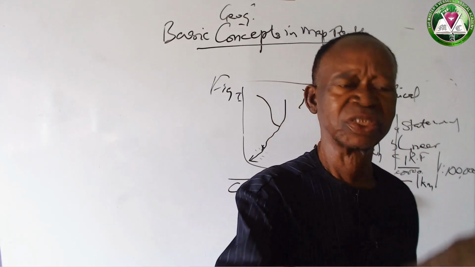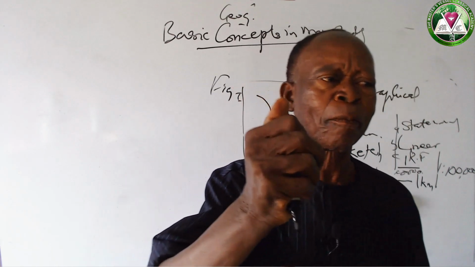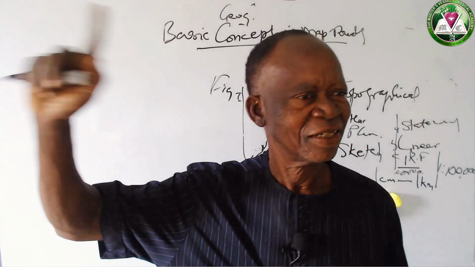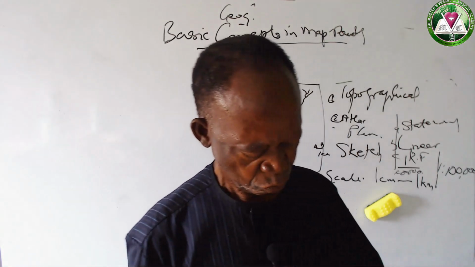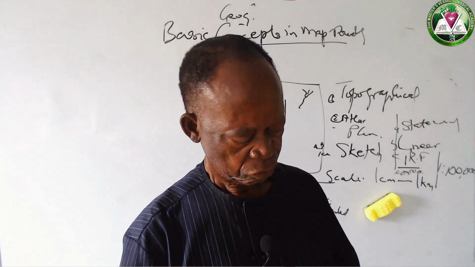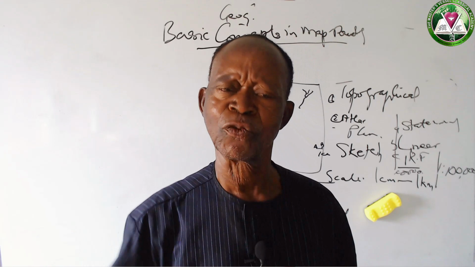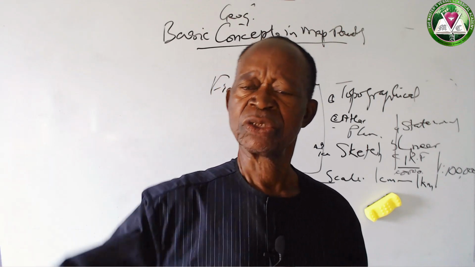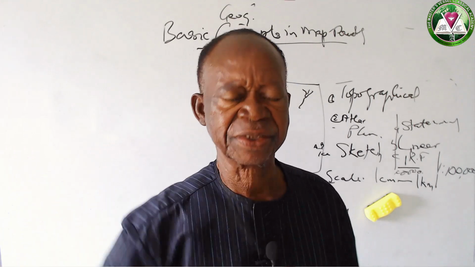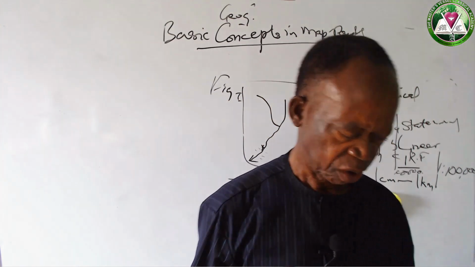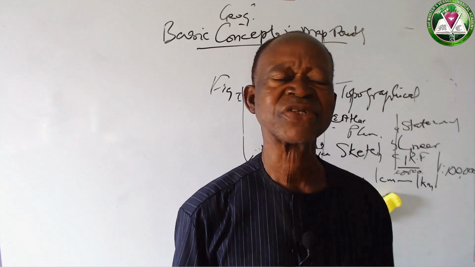Therefore, what I want to establish is that the scale is a proportion to what is in the field. The proportion or relationship of what is in the map compared with what is in actual existence in the field is what we call scale.